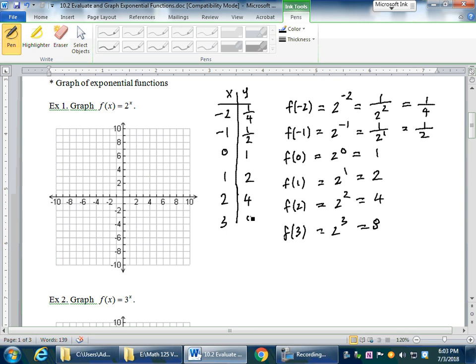Notice that it shoots up a lot faster, so we don't need any more points. We can just use these to graph it. On the right side, when x is 0, y will be 1. So here's my point. When x is 1, my y will be 2.